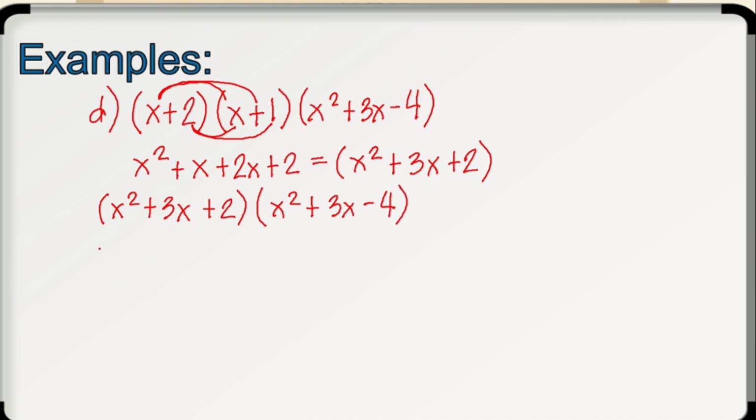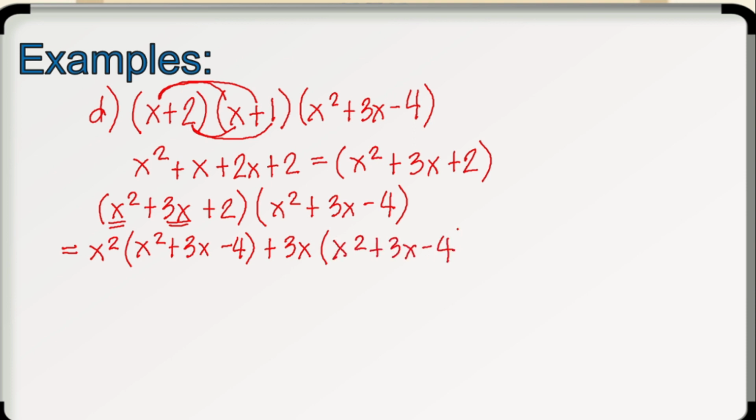First, we will distribute each term of the first polynomial to the second polynomial, starting with x squared times the quantity of x squared plus 3x minus 4, positive 3x times the quantity of x squared plus 3x minus 4, and positive 2 times the quantity of x squared plus 3x minus 4.